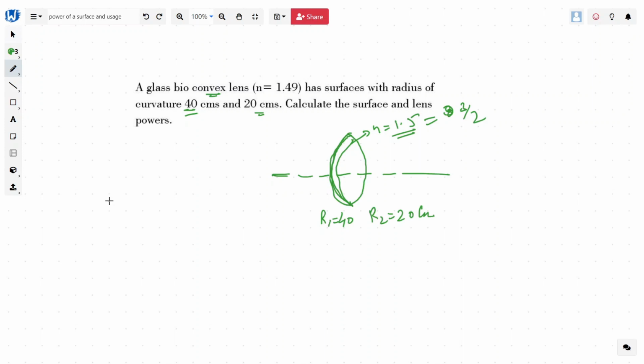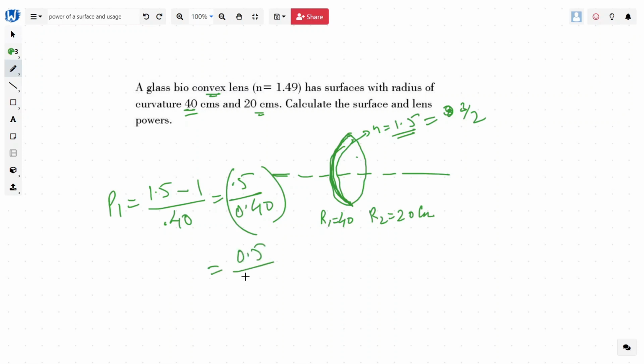Now let's calculate the power of this one, okay? So power is going to be N2, which is 1.5, it's in air, divided by R. R1 falls on the positive side, which is 40 centimeters or 0.4 meters. This is going to be 0.5 divided by 0.4 diopters.